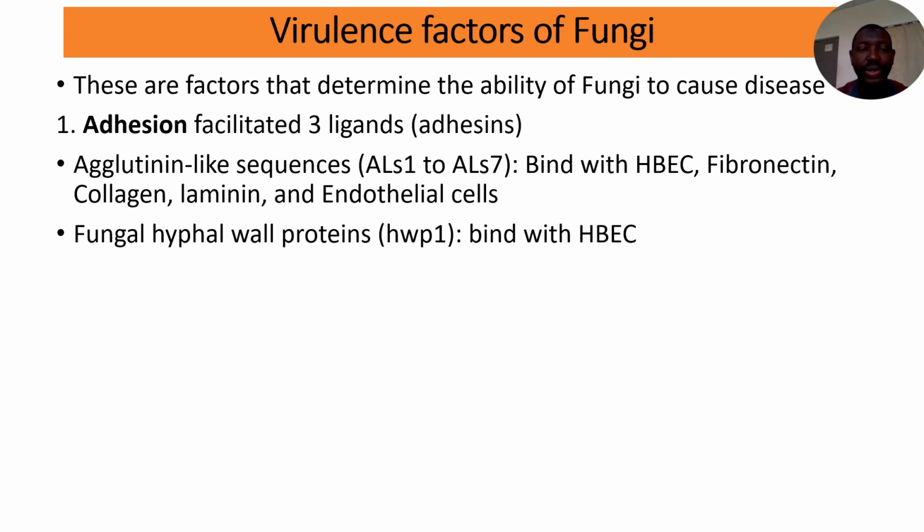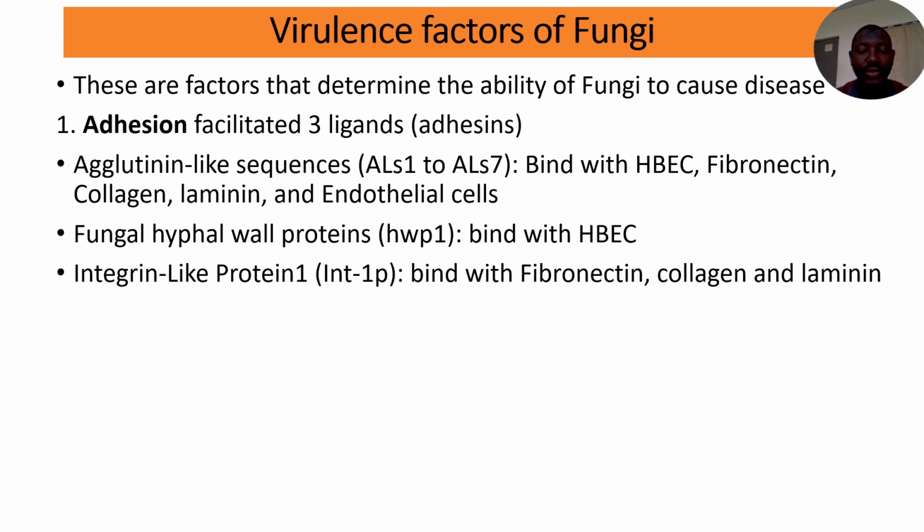These fungal hyperwall proteins specifically bind with important cells such as the human buccal epithelial cells. The next category is the integrin-like proteins, of which integrin-like protein 1 is the most important one involved in fungal pathogenesis.